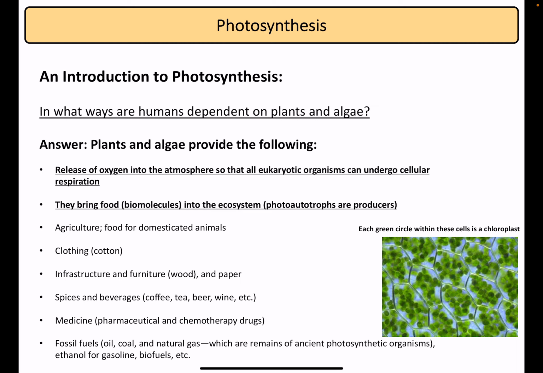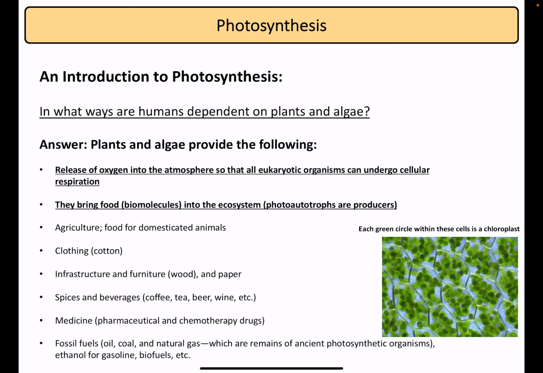Also, the dyes that we use are plant-based largely. Most infrastructure and furniture, so wood, paper, most spices are plant-derived, and many beverages, including coffee, tea, beer, wine, etc. And many drugs, pharmaceutical drugs, chemotherapy drugs, are plant-based.